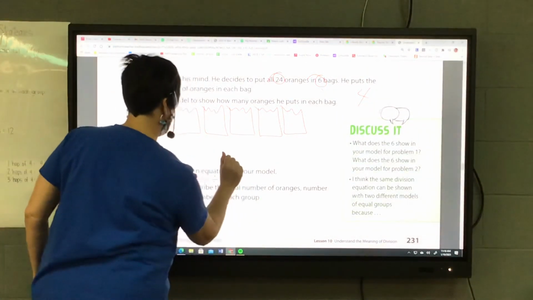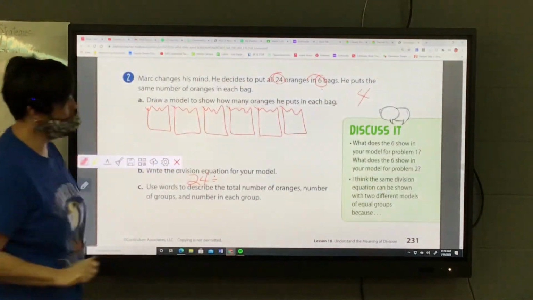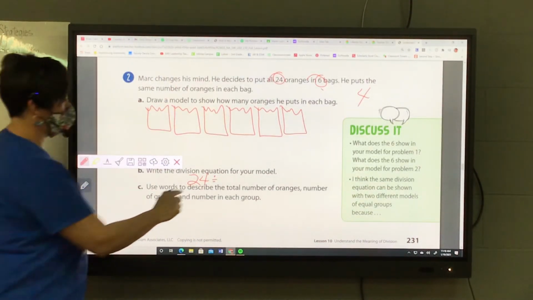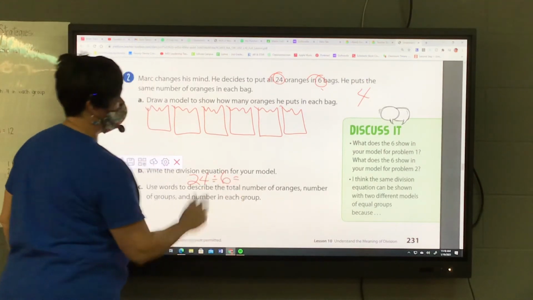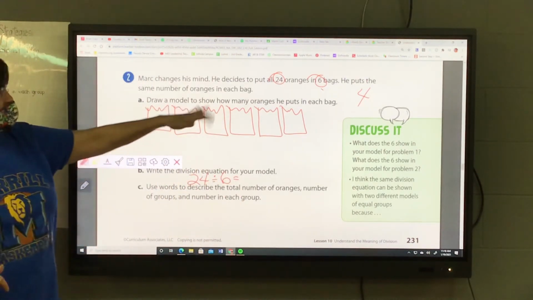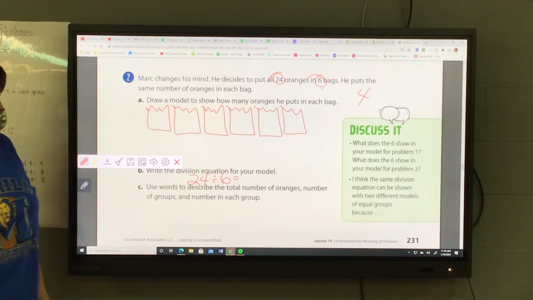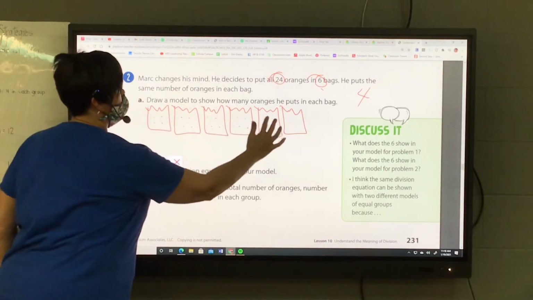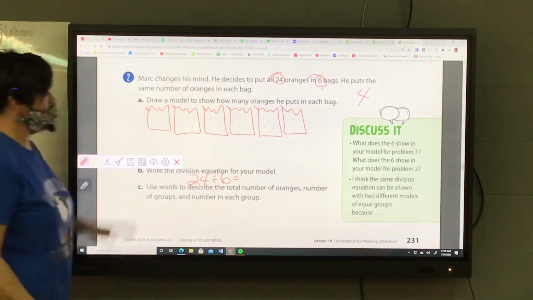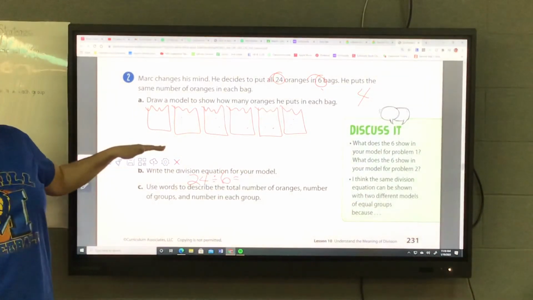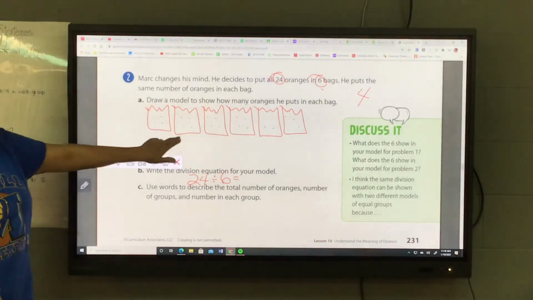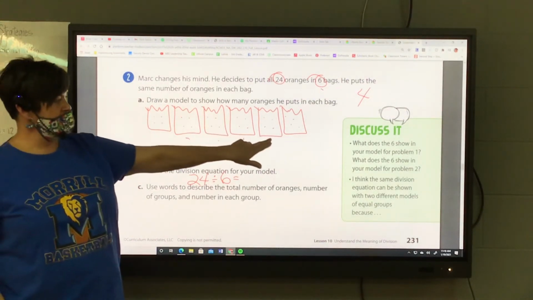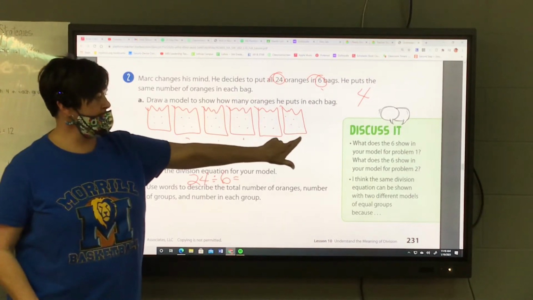No, I said that wrong, didn't I? 24 divided by 6 equals, how many oranges are going in each bag then? 4. This time we would be counting by 4s. Count by 4s with me. 4, 8, 12, 16, 20, 24.